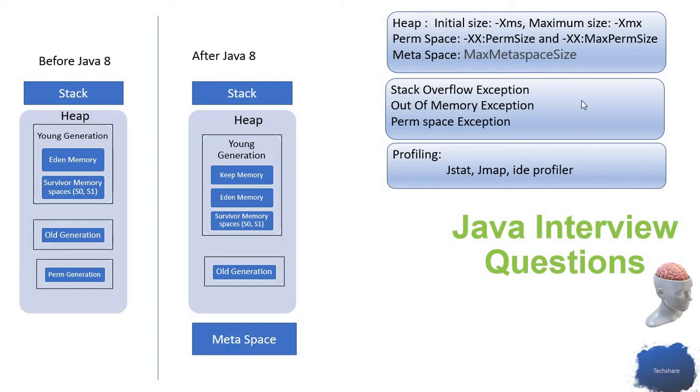So it is better to allocate some maximum memory for the metaspace. That is why we are using the MaxMetaspaceSize parameter. These are the different JVM parameters. When you start the application, you can pass these parameters, or you can set these as environment variables.